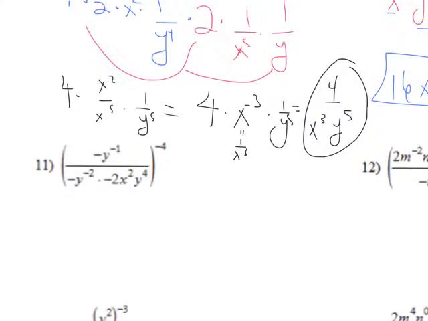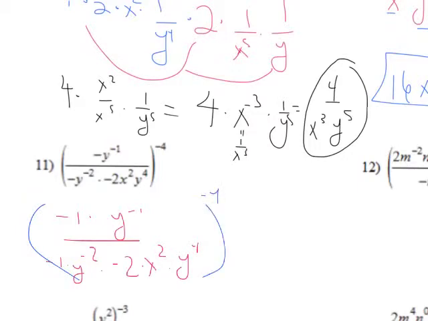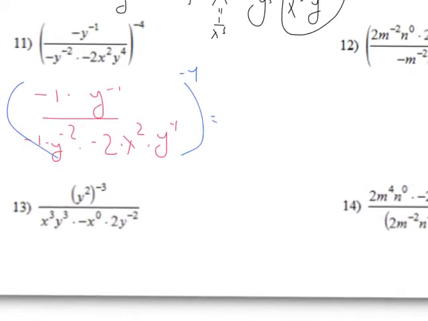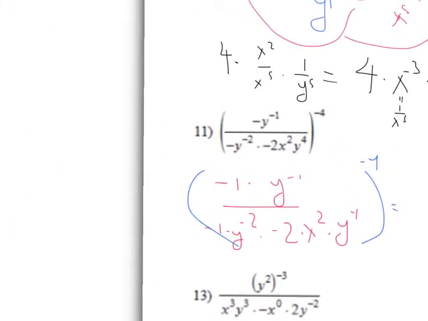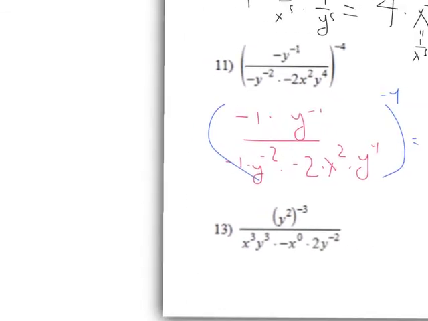So here, all of our coefficients on the inside are negative. So basically this is saying negative 1 times y to the negative 1 over negative 1 times y to the negative 2 times negative 2 times x squared times y to the 4th, all to the negative 4th power. So that is going to be, let me actually go over here to have a little more room.